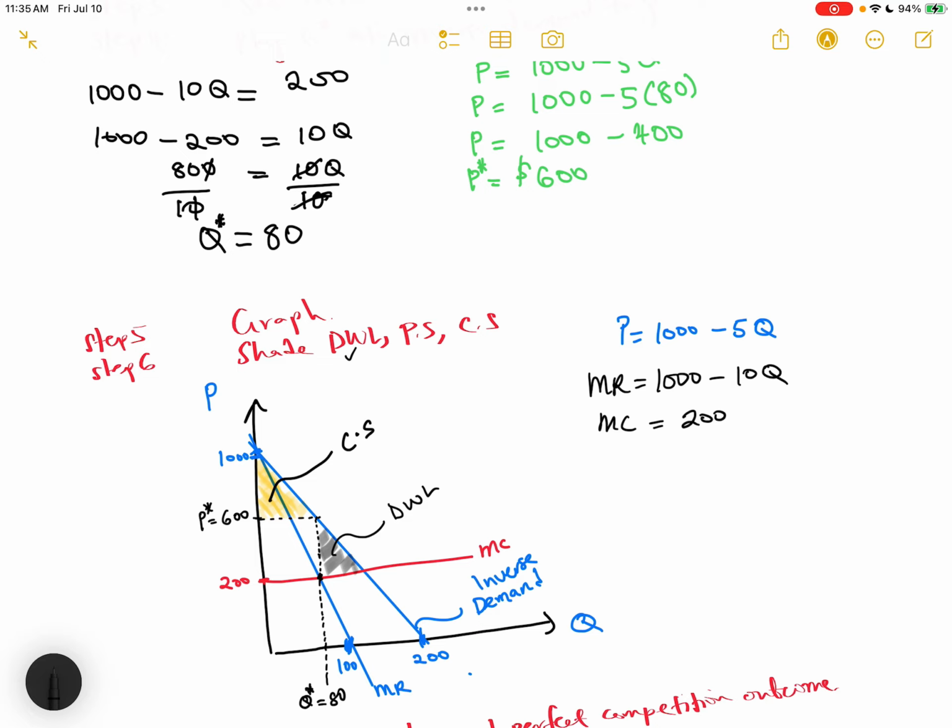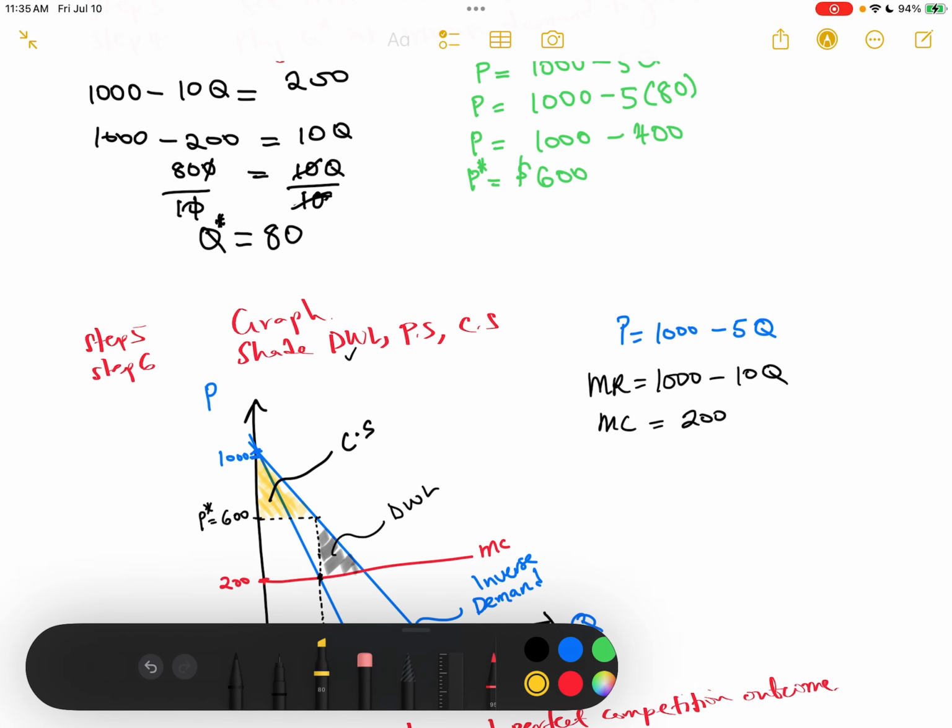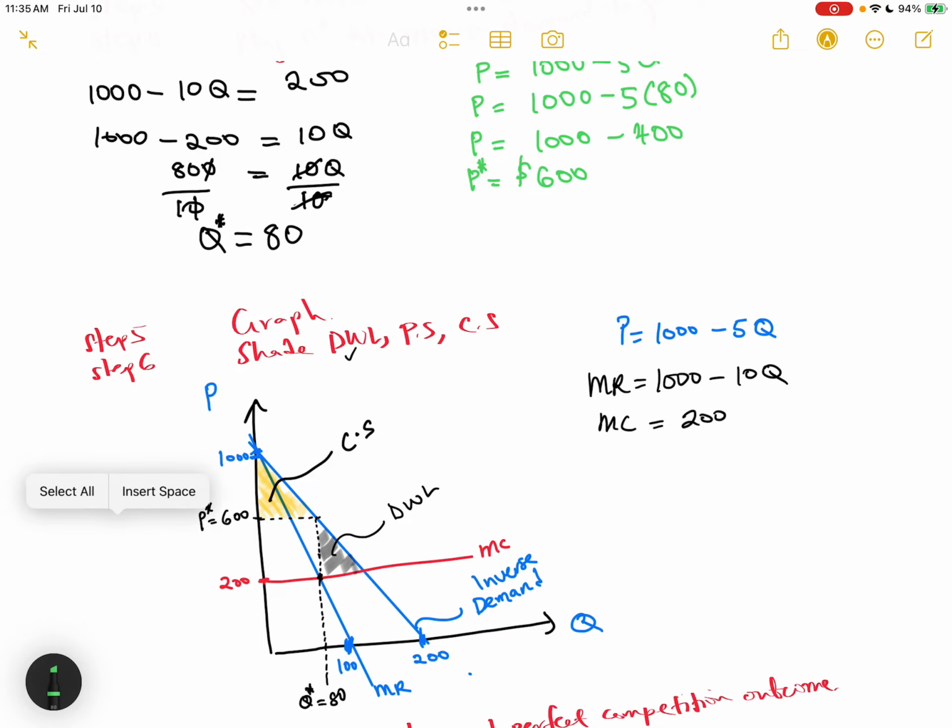Well, what about producer surplus? Let's find a different color for this. How about green? Producer surplus is the area that is below the price but above the marginal cost curve, right?